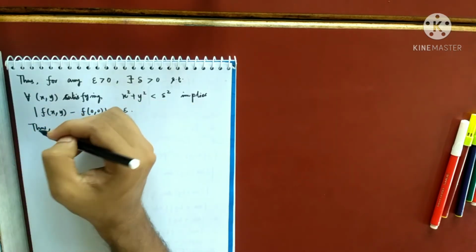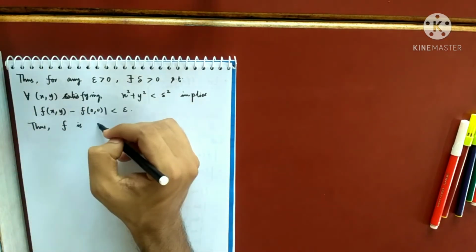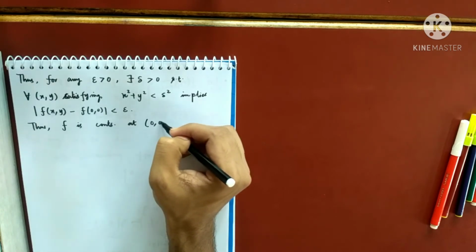Thus, by definition of continuity, f is continuous at (0, 0).